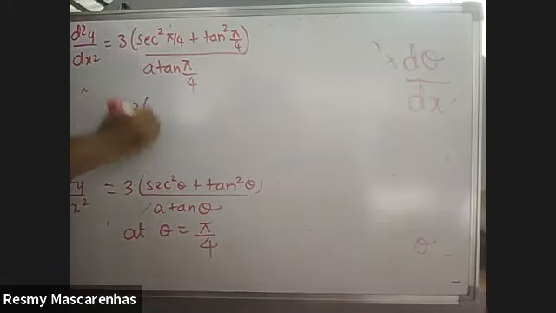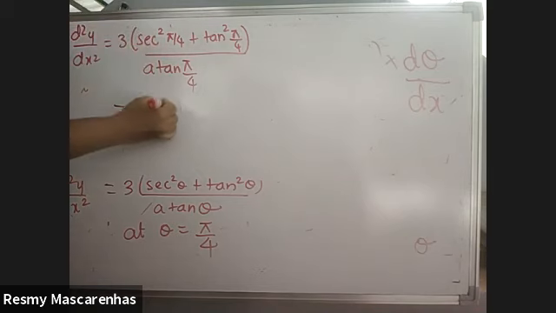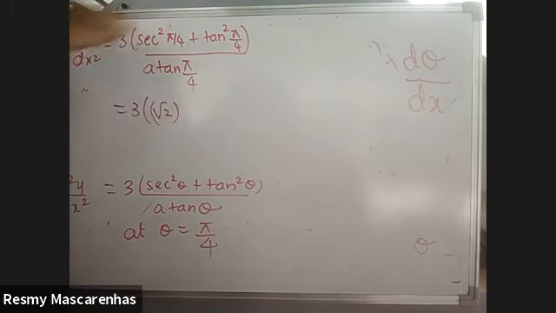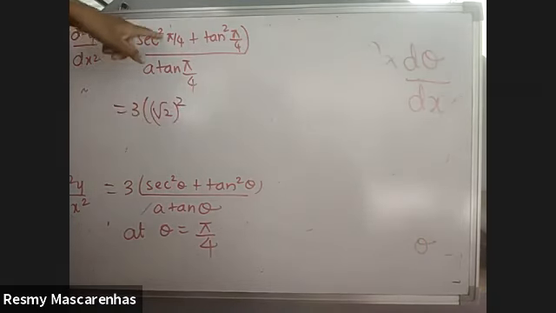Okay, so this will be 3. I told you cos 45 is 1 upon root 2. So ulta sec 45 will be root 2. This is square, so don't forget to square it. If this was cube, this would be cube.